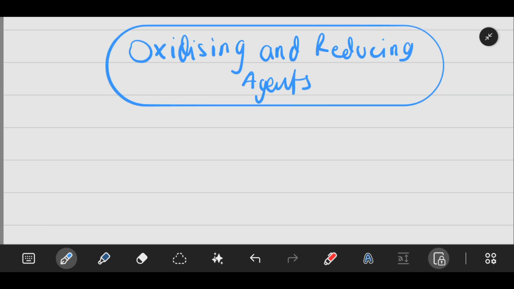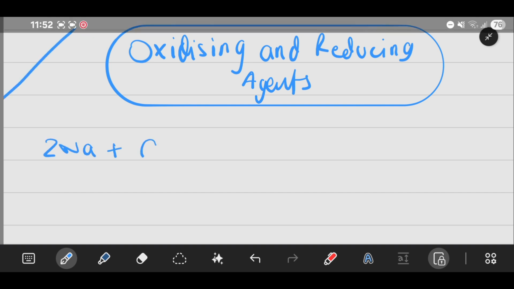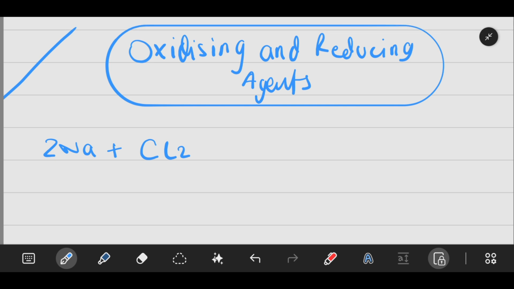In order for you to understand this term, I am going to use an equation which we have already done before in part number 2. Let's write it down. 2Na plus Cl2 will give me 2NaCl. Right, now there are a few basic things which we are very familiar with, and that is putting oxidation numbers and figuring out what's being oxidized and reduced.